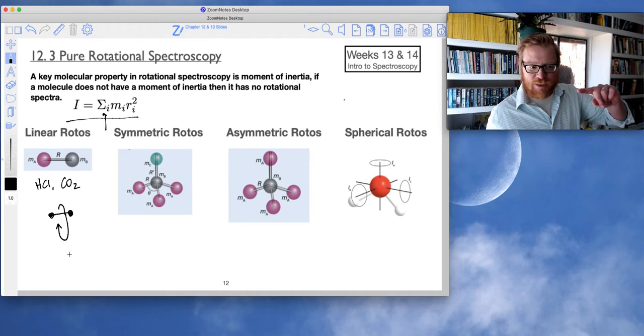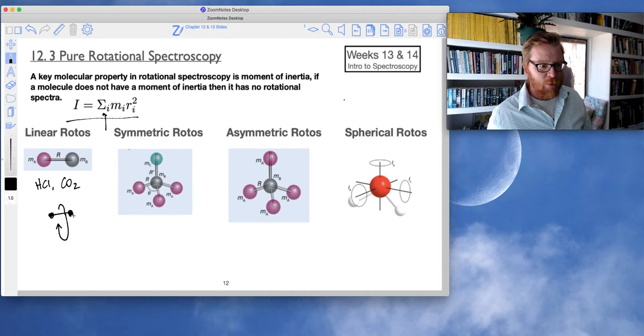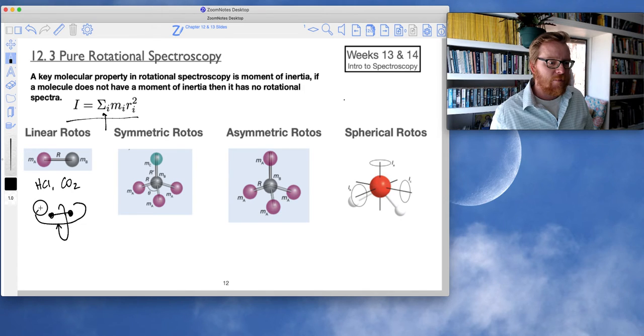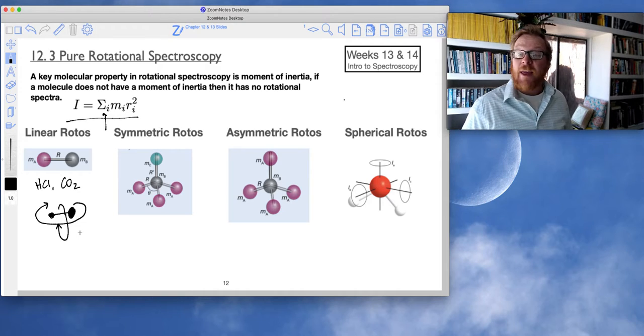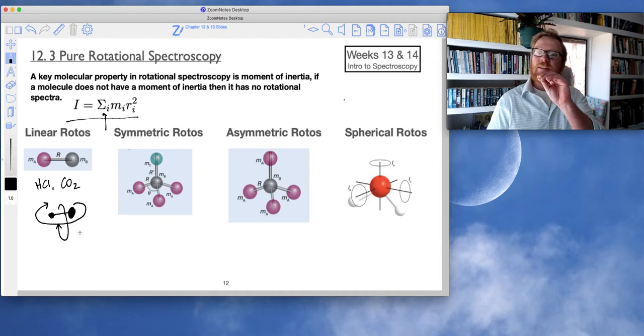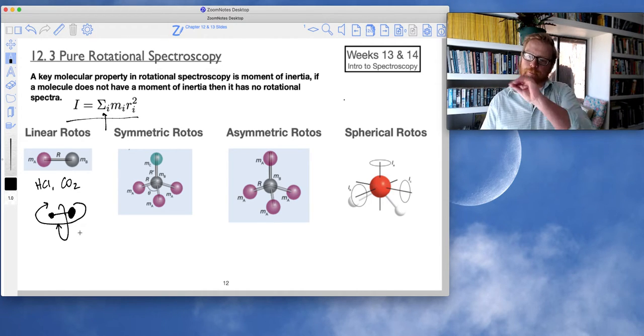It's just spinning round and round. It doesn't look like anything has happened. However, if it spins this way, there is a moment of inertia there, definitely if one of these masses is bigger than the other. As that mass swings around, that's going to create a moment of inertia.